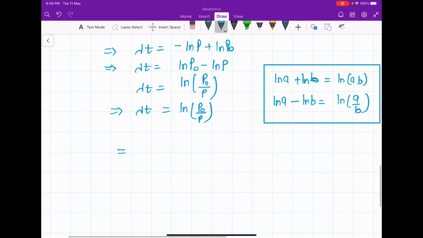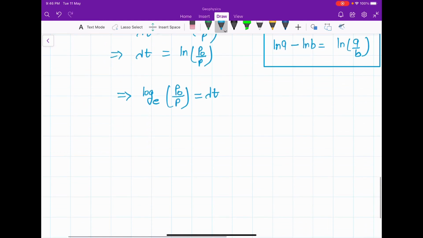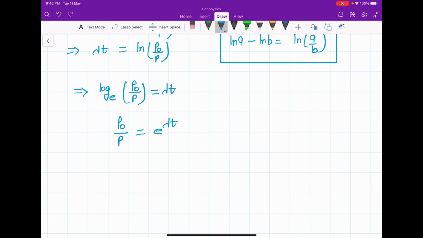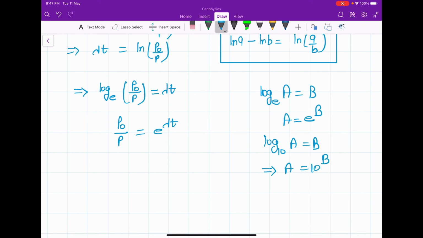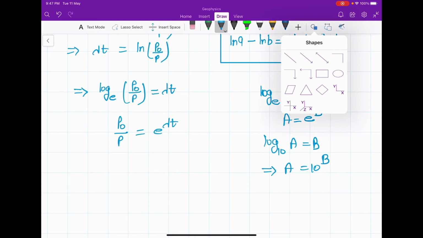If we take the antilog, log of P naught over P equals lambda t. So P naught over P will give e to the power lambda t. Here you have to take care of one thing: if the base of the log is e and the value is b, the power will be e to the power b. If the base of the log is 10, then the power will be 10 to the power b. So the power goes on the base of the log.